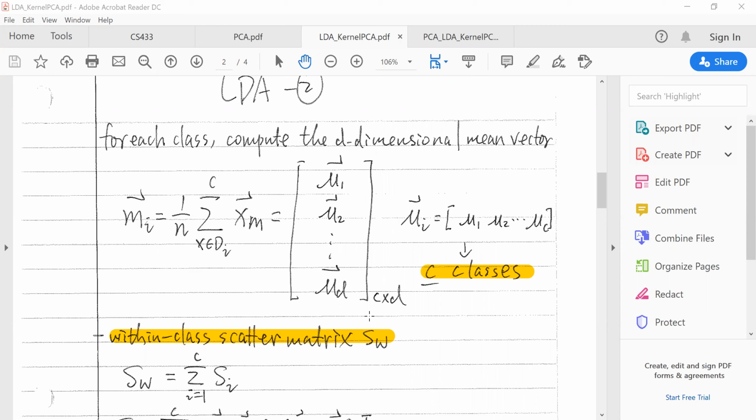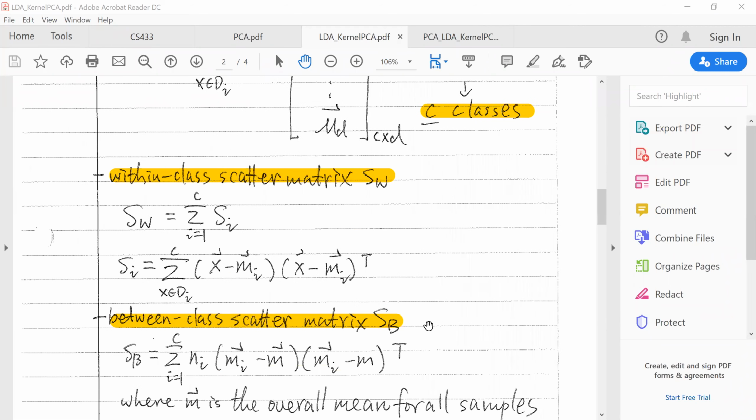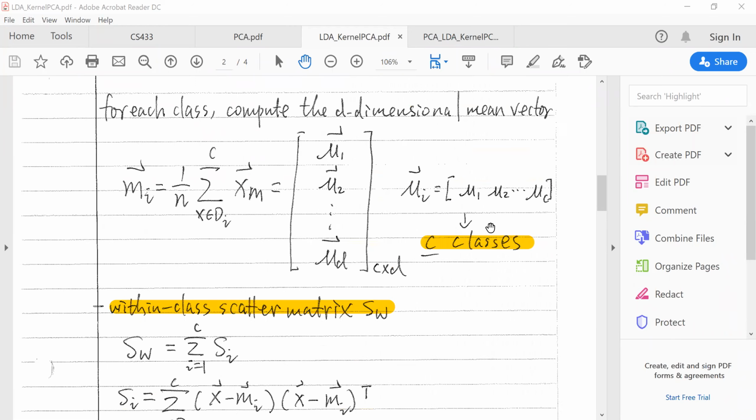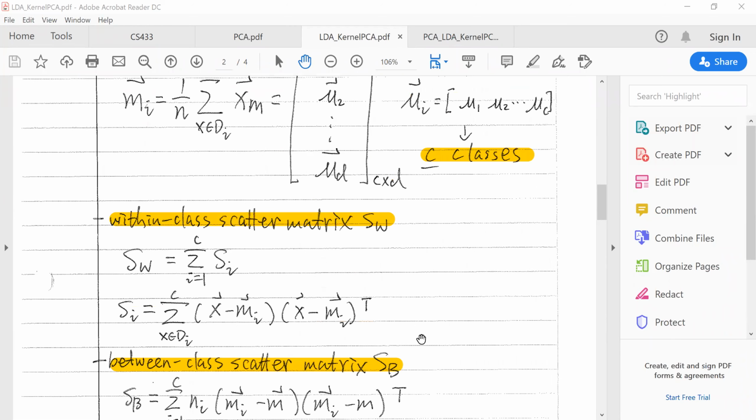C here represents the different classes, and D represents the number of features. For each of the classes, you can find the mean vector because you can calculate the mean values.